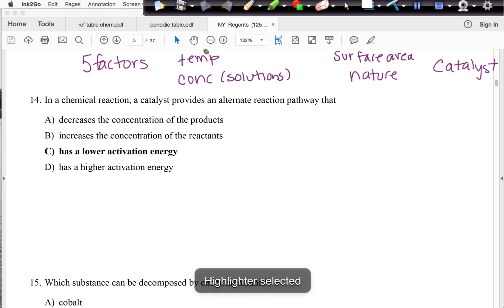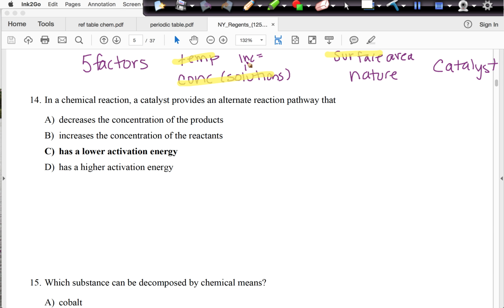Temperature, concentration, and surface area, if we increase them, increase the number of effective collisions.